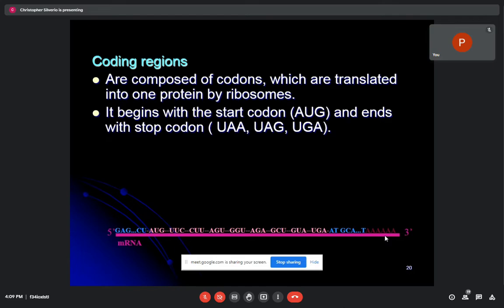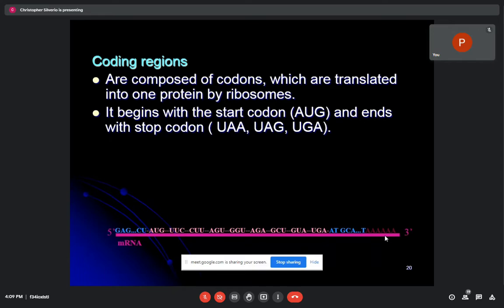It begins with a start codon, AUG. Do you know what is the amino acid that is synthesized by this codon AUG? Anyone? Methionine po. Okay, methionine.